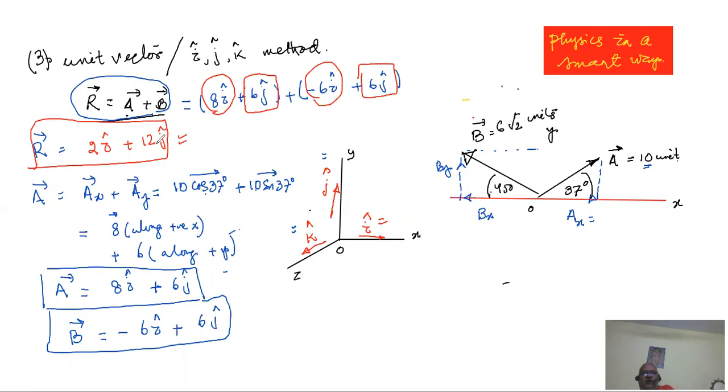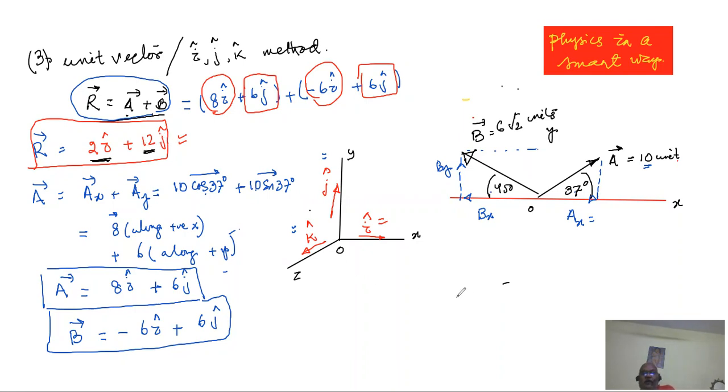If you try to explain it, we know that this equation says resultant is a vector whose x component is 2. And because it is I cap, there is no minus I cap, that is along positive x direction. The y component is 12. And because j cap is there, that is along positive y.